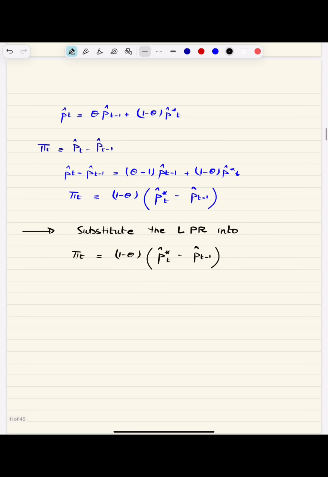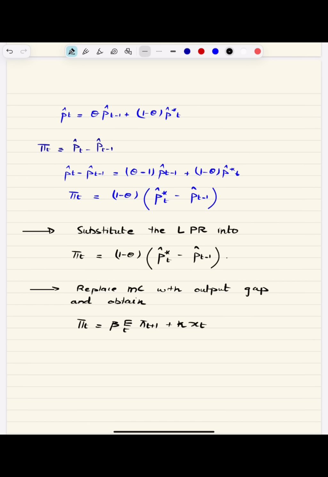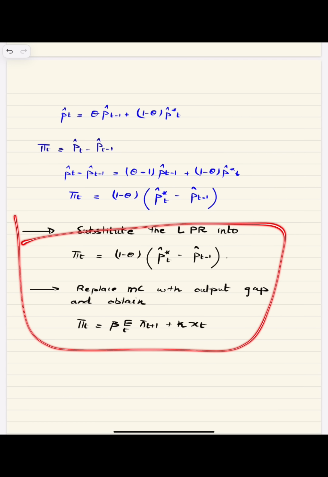And when you do that, the next step is to replace the marginal cost with the output gap, and you'll obtain the Phillips curve, which will look like this: inflation equals some coefficient B times the expected value of next year's inflation, plus some constant K times the output gap. So after you do these steps, you'll get the Phillips curve.